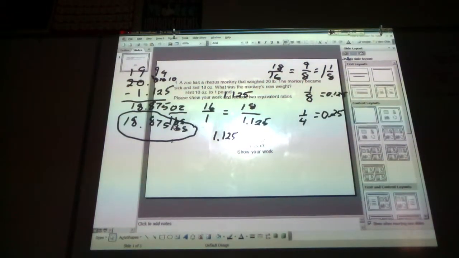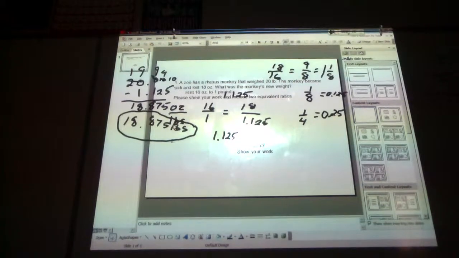Now our other way, and we'll do this at the end, is to figure out how many total ounces this monkey weighs now. But there's an easier way. Instead of converting, if some of you remember our mixed numbers, when we subtracted mixed numbers, we had to borrow 1.